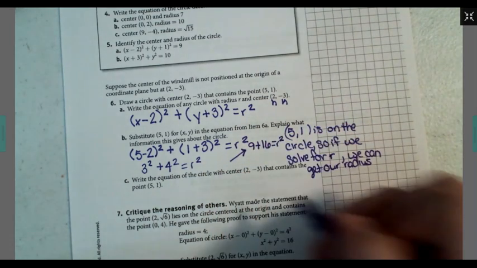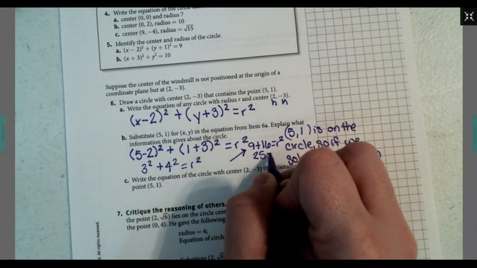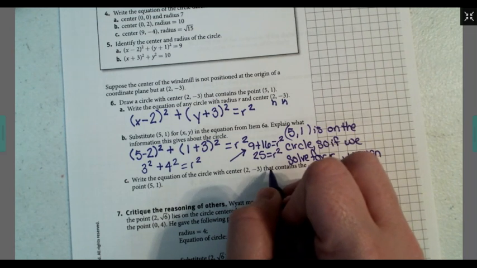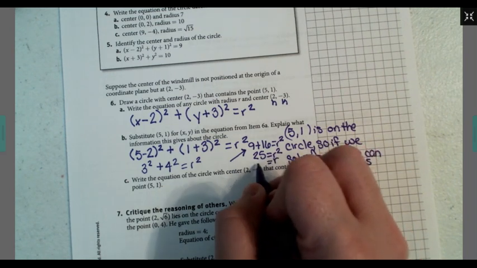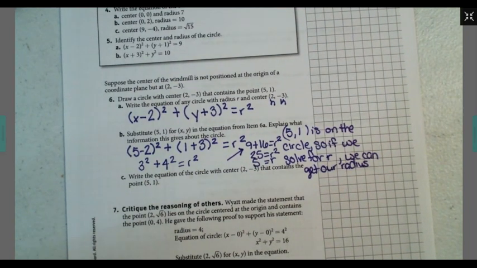And this is equal to r squared, right? That's 25 equals my radius squared. What's the radius's measure? 5.